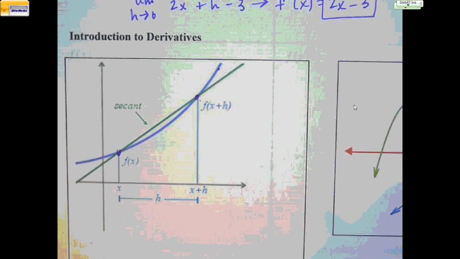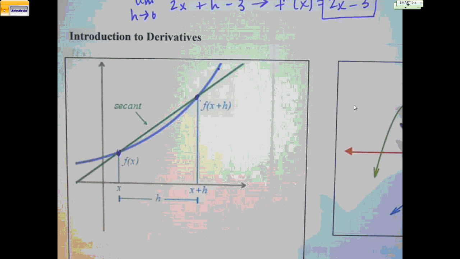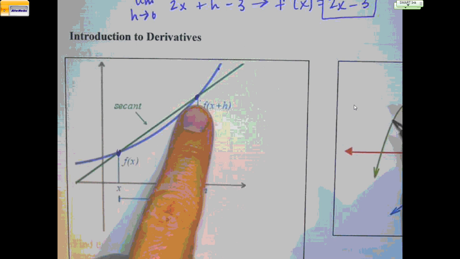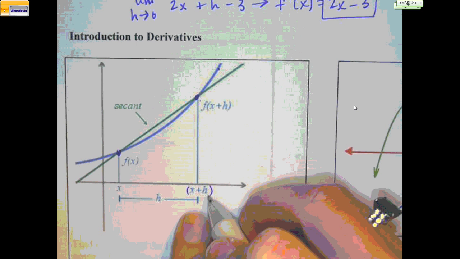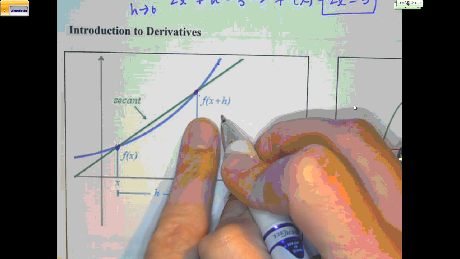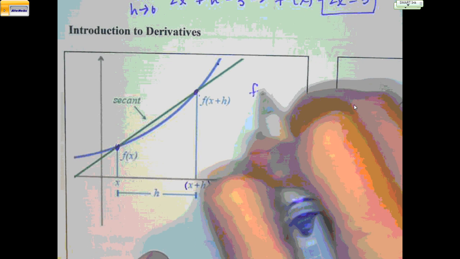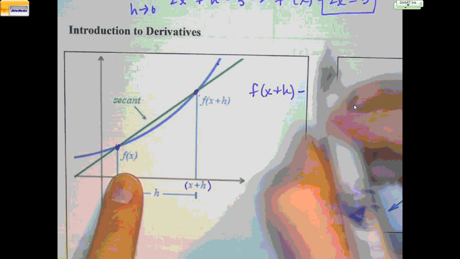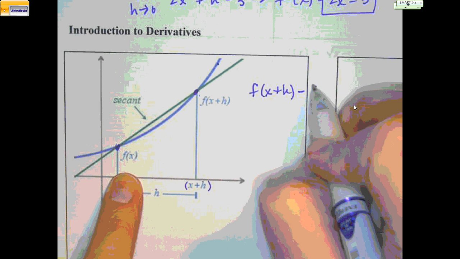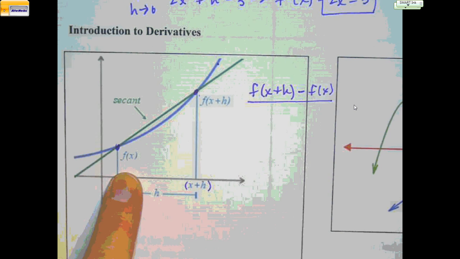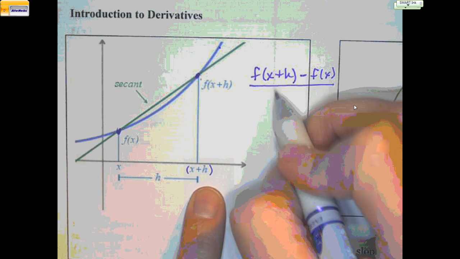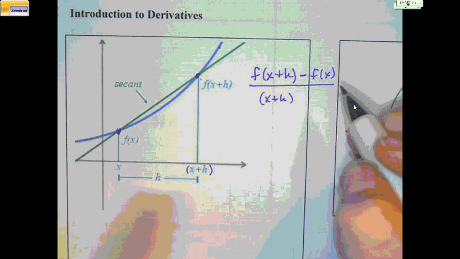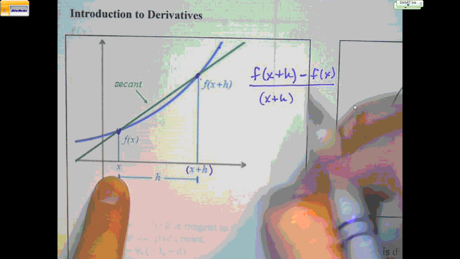you guys remember how we did difference of the y's over difference of the x's? Yes? This point right here is at the point (x plus h, f of x plus h). That's your y value. So I've got the y value of f(x plus h) minus my other y value, which is f(x), over the difference of the x's. So I have x plus h, that's my x sub 2, minus x sub 1, so minus x.